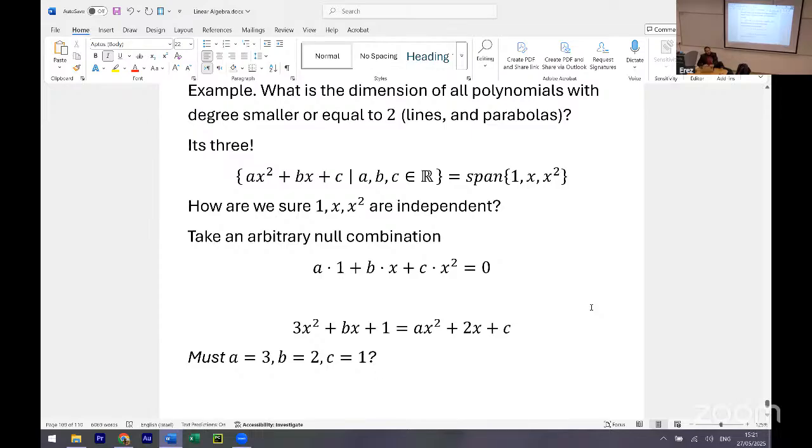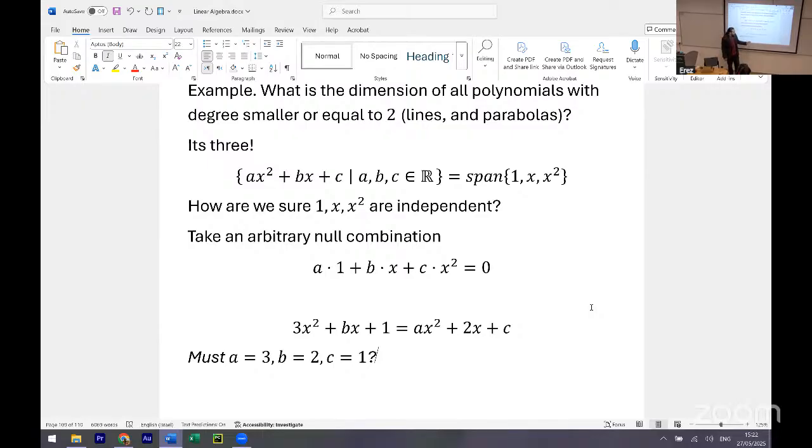Because on both sides, all the terms of the same degree are grouped together under the coefficient, whatever that coefficient is. There's no other x squared term on the right side. But couldn't there be some other combination that altogether creates the same graph?